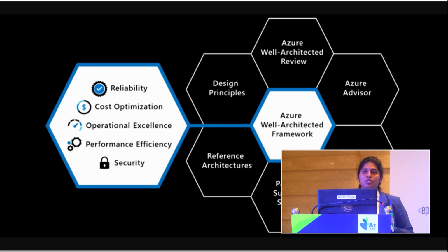So you need to take care of holistic NFRs, that is, architecting involves consideration of non-functional requirements, which are your reliability, security, operational excellence, cost optimization, and performance efficiency. We need to take care of all these parameters when we build an Azure integration by putting together the enterprise services that are offered by Azure.